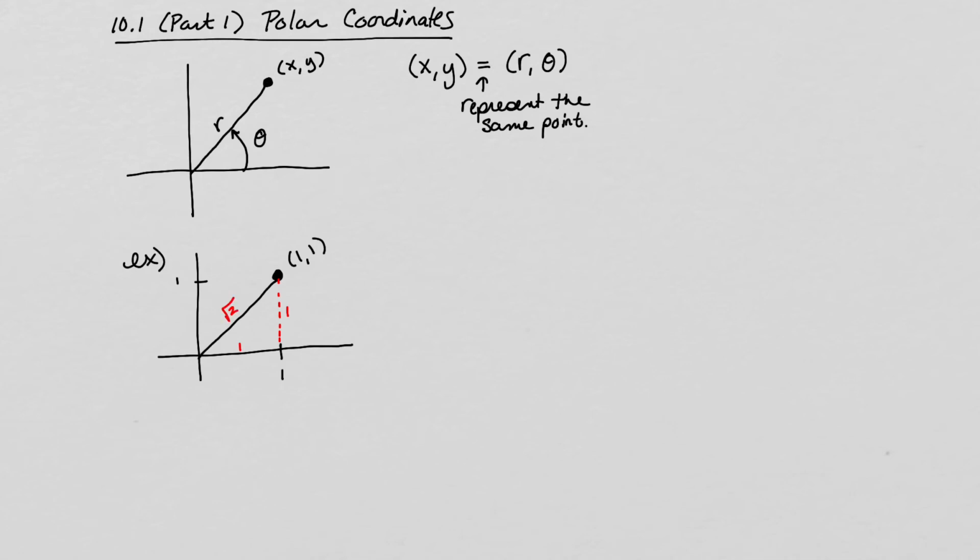And if you have a 1, 1, root 2 triangle, what is this angle inside here? Okay, so it's 45 degrees, but we're going to do everything in terms of radians, right? So this is pi over 4. So the point 1, 1 is the same as the point root 2 comma pi over 4. Are we okay with that?